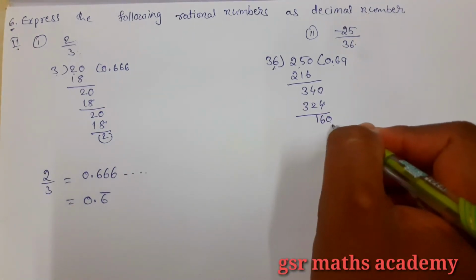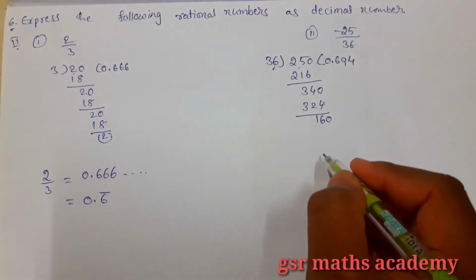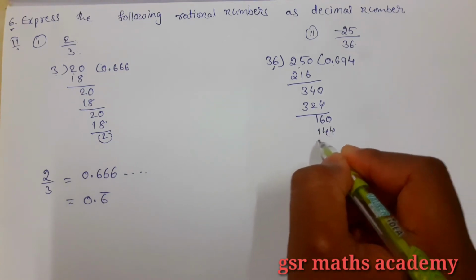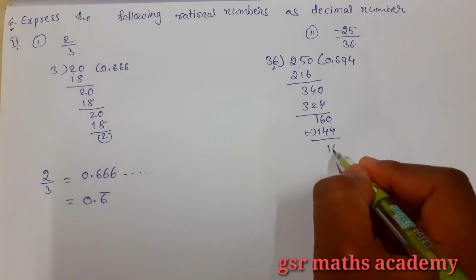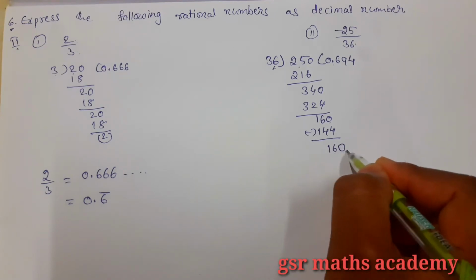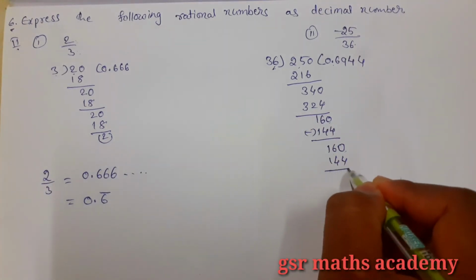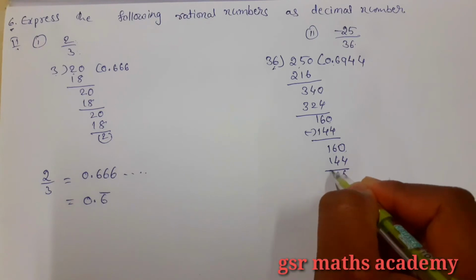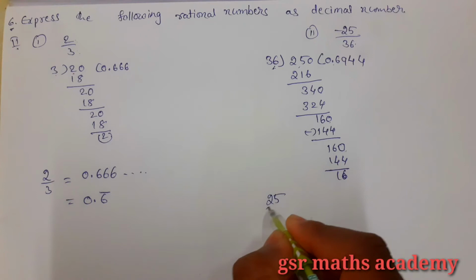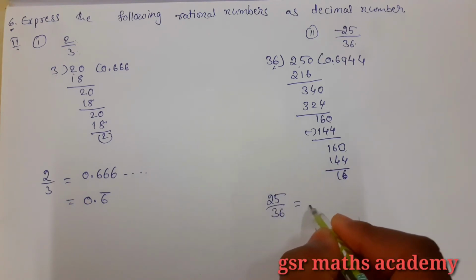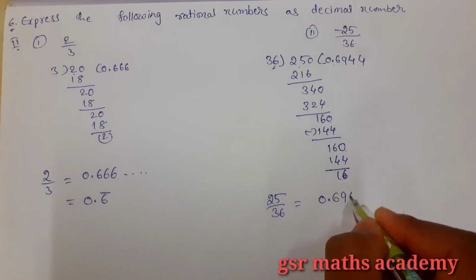Now it becomes 160, and we know that 36 fours are 144. Subtracting 144 from 160, again you are left with 16. Now on taking 0, it becomes 160. 36 fours are 144, again 16. So this division process will continue. So converting this 25 by 36 into decimal form, you get 0.6944.